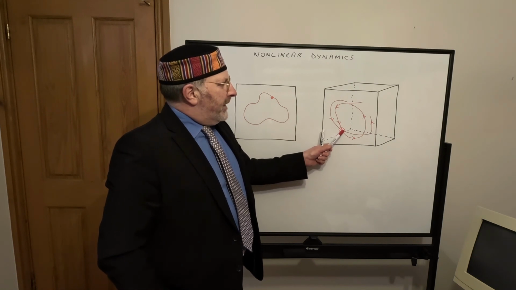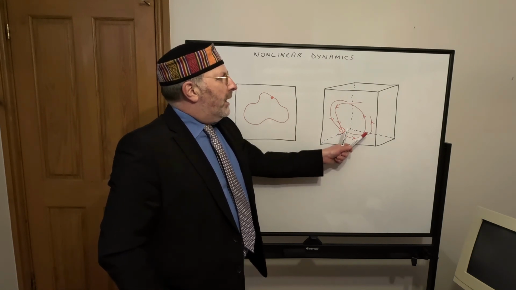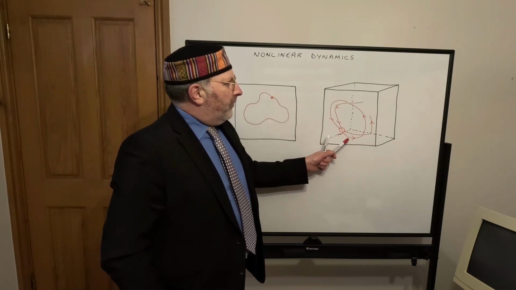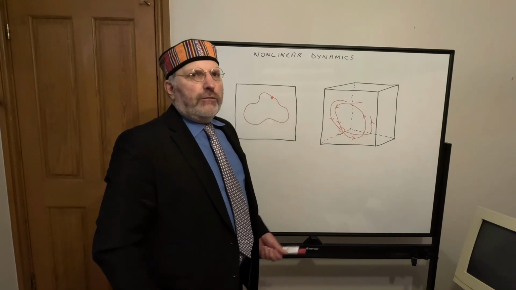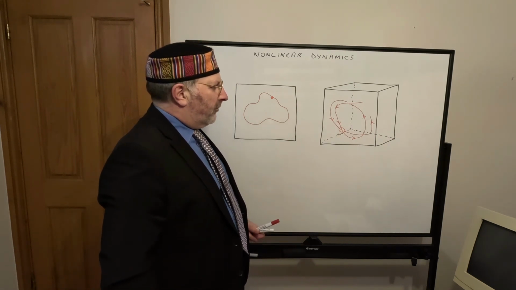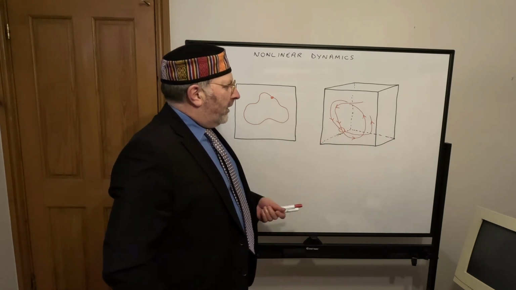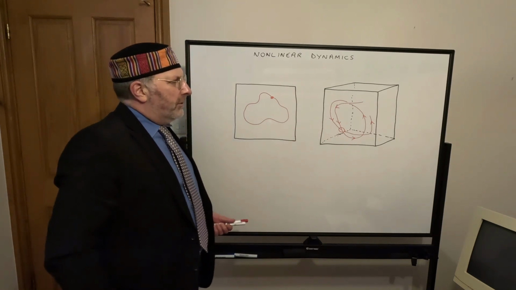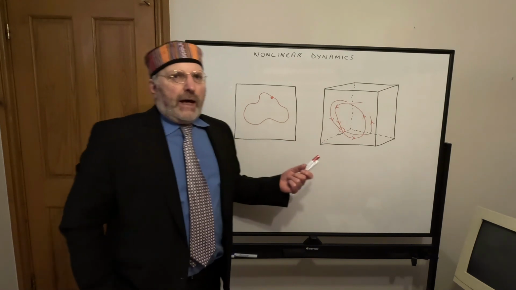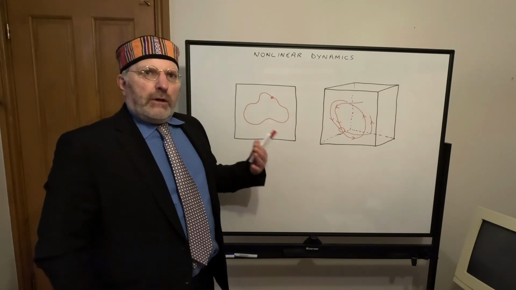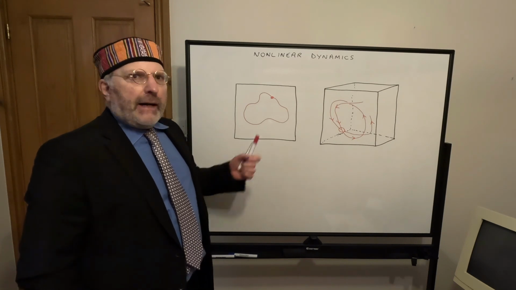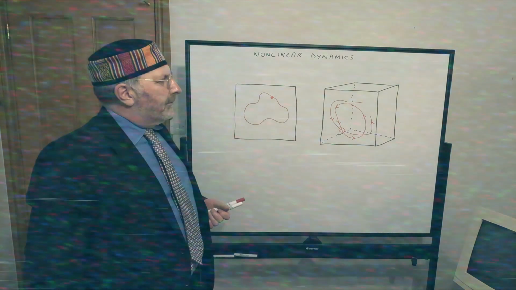So it depends precisely where you are, which path you're going to follow. And two very, very close initial conditions can lead off to completely different trajectories. And this is chaos. So with a three-dimensional phase space, we get a new phenomenon, chaos. And we'll come back to chaos later on in the lesson.